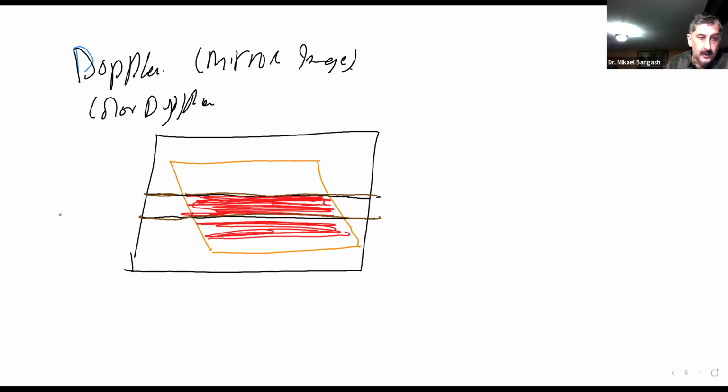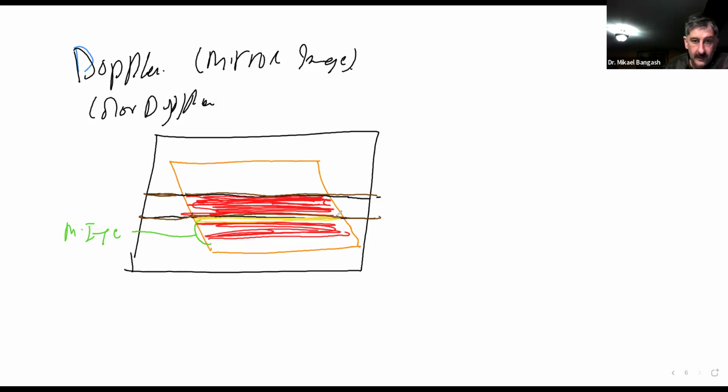Clear? So what is this going to be? This is going to be your mirror image. And what you may see here is a bright reflector.